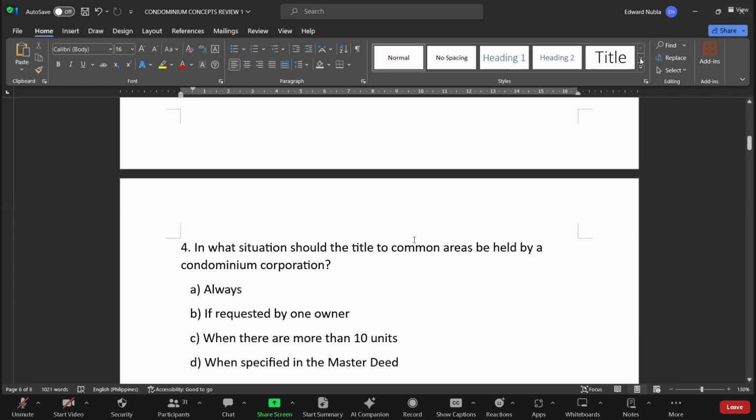Number four. In what situation should the title to common areas be held by a condominium corporation? Letter A, always. B, if requested by one owner. C, when there are more than 10 units. Or D, when specified in the master deed.